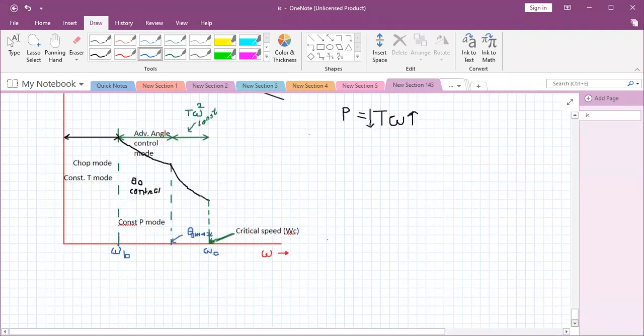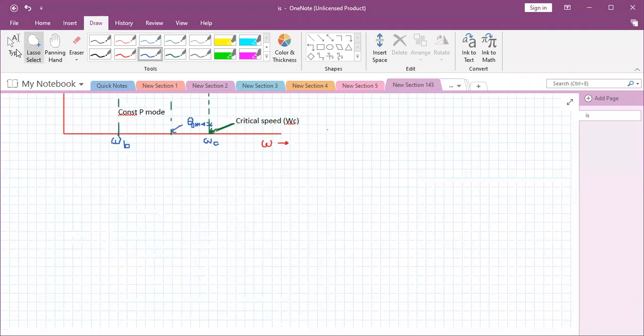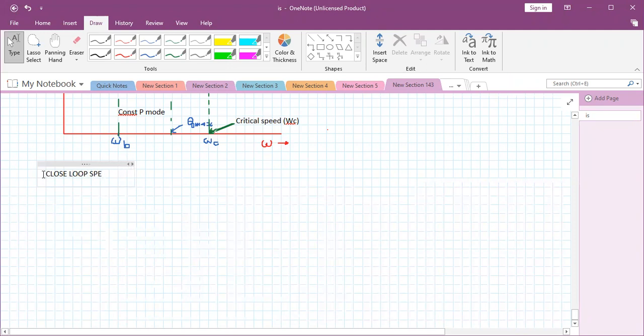Now we are going to do closed loop speed control of SRM.